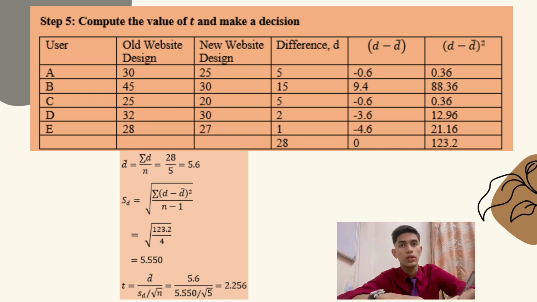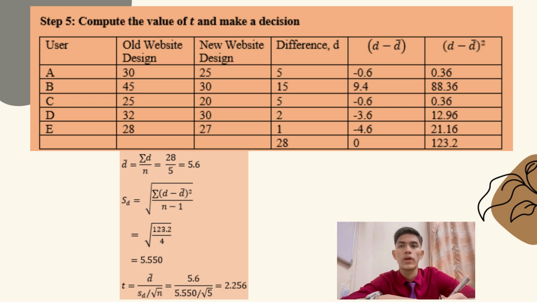The way to get the difference for each user is by using the value of the old website design minus the value of the new website design. For example, for user A, the value of the old website design is 13 and the value of the new website design is 25. 13 minus 25 and we will get the difference.